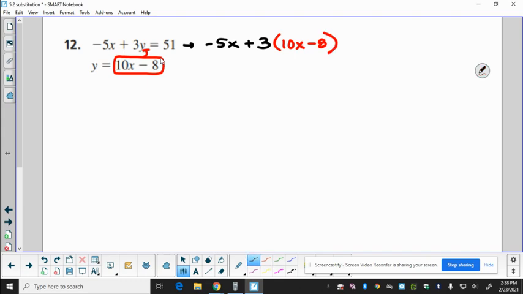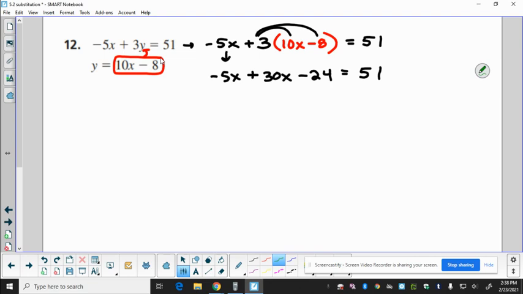And then continue writing your equation. Move this negative 5x down temporarily and do a distributive property. Search for like terms. Let's see if we have any. I see a couple x's that can be combined together. So that would be 25x.